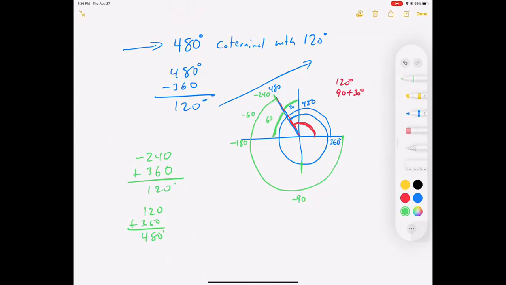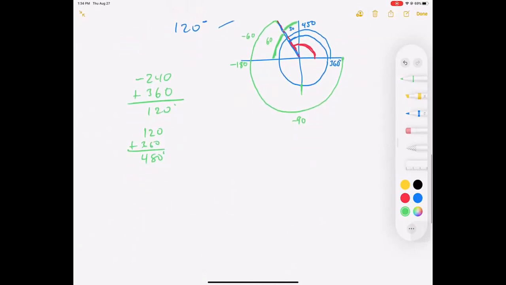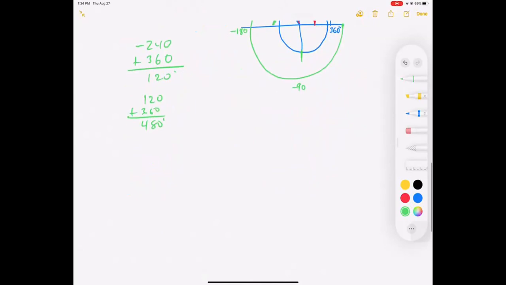Okay, the next one is one of the trickiest ones, one of the hardest ideas. And this is the idea of reference angle. Now, when we're looking at the idea of reference angle, it's like what you would refer to, what you would compare to, right?